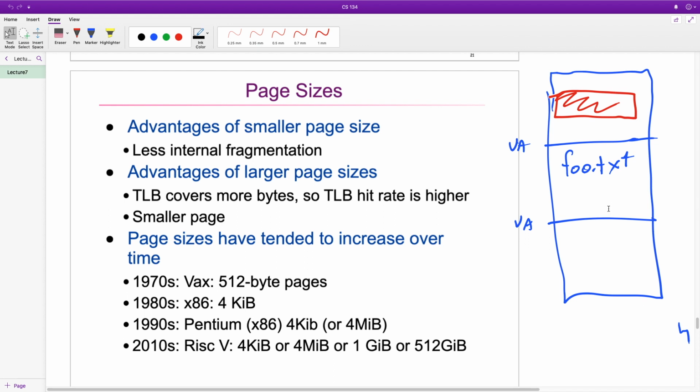Larger pages, every page table entry covers more bytes, so our page table is smaller. TLB we have not covered, and we're going to cover that later. But the TLB is just another cache. It caches the mapping from page numbers to frame numbers.